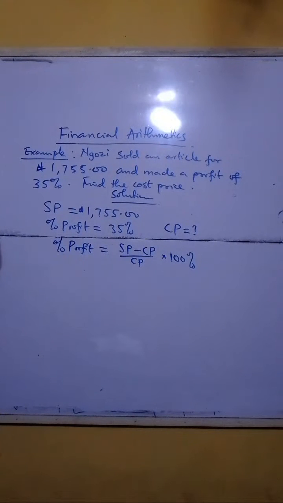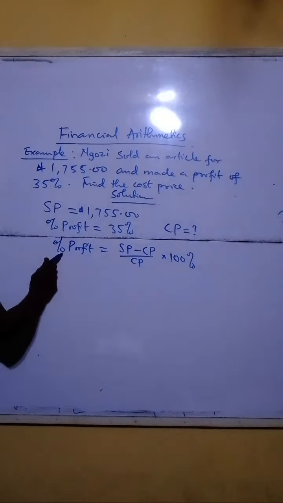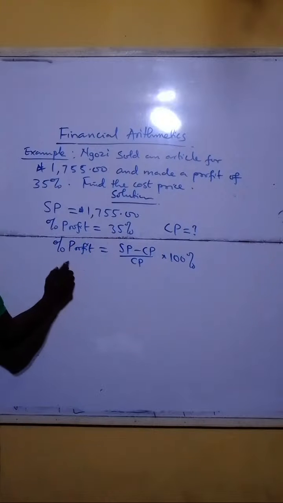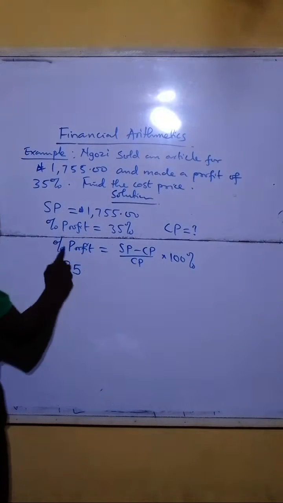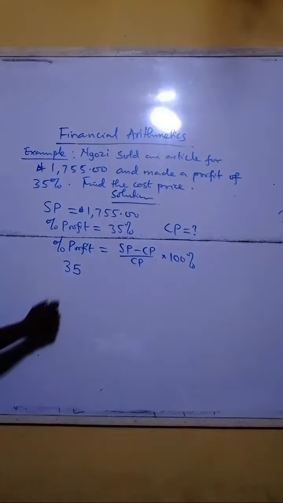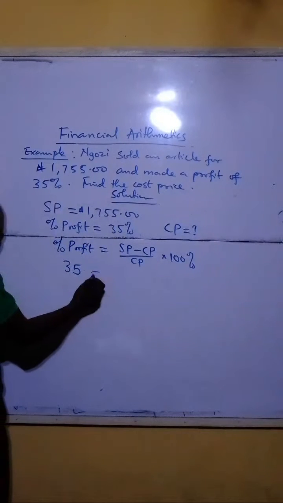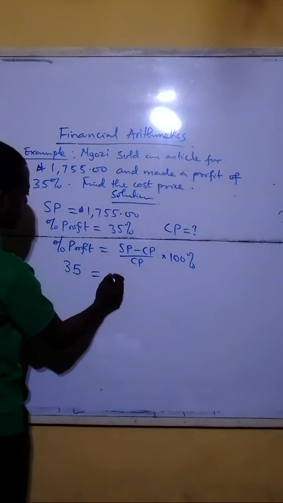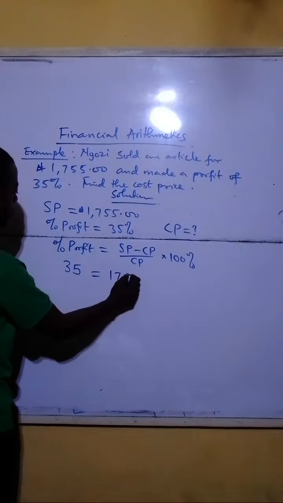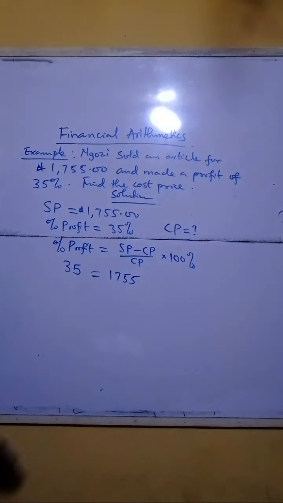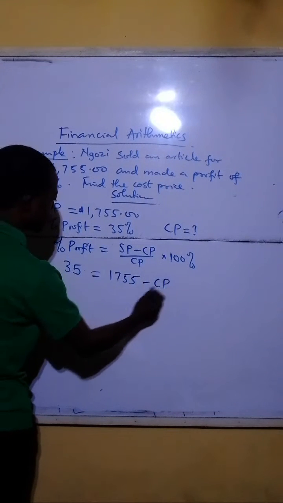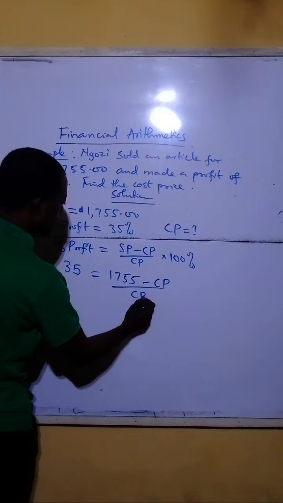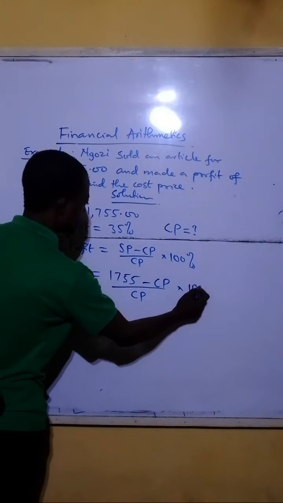Next step, we can substitute what we have. The percentage profit has been given to be 35%. From this formula, both sides have percentage, so we can drop the percentage. That is, 35 equals selling price, which is 1,755, minus the cost price, over the cost price, then times 100.